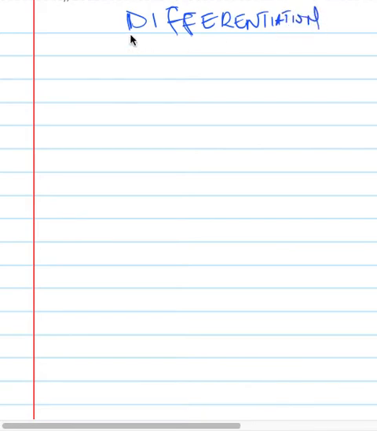Okay, differentiation is part of a big branch called calculus. Calculus has two basic branches, differentiation and integration. These two are related, okay? They are related, but today we are going to talk about differentiation.